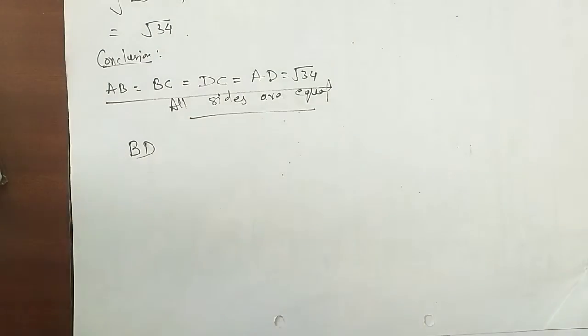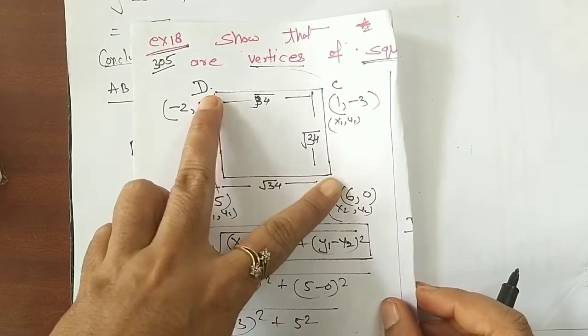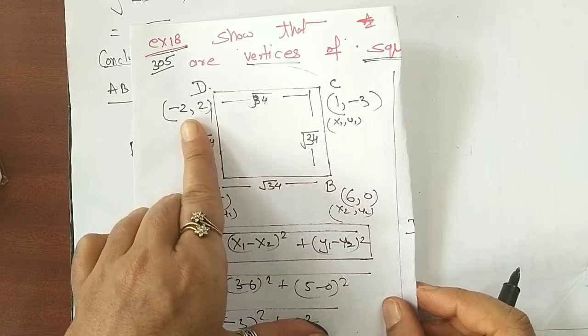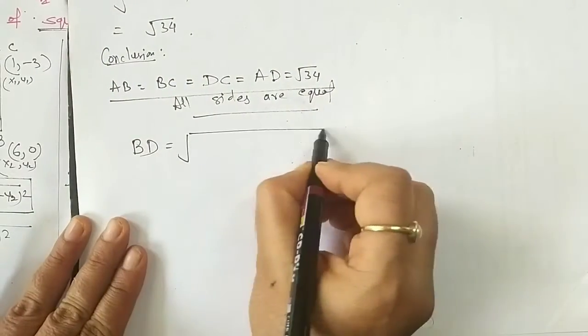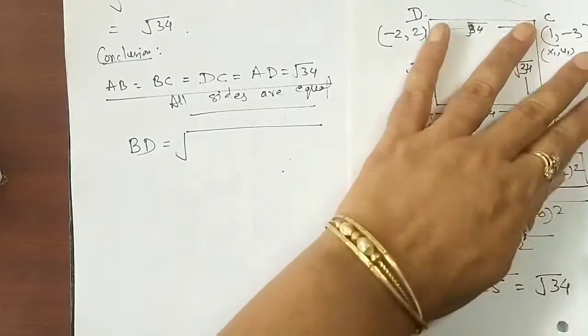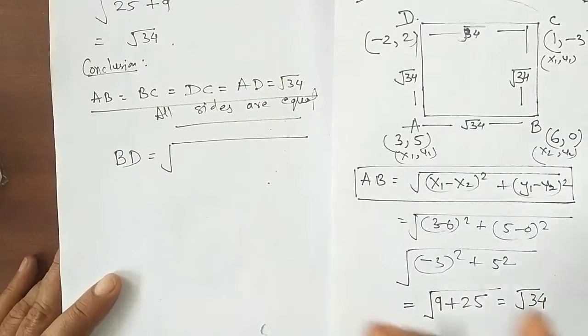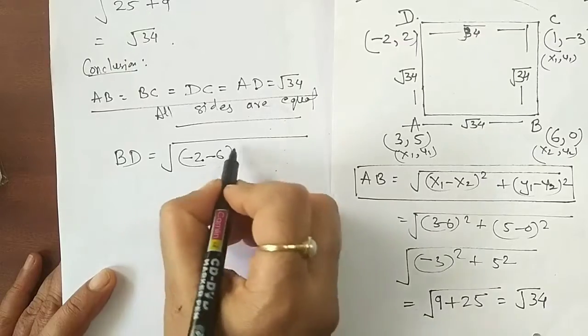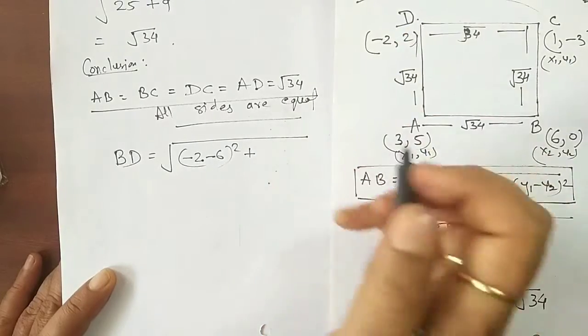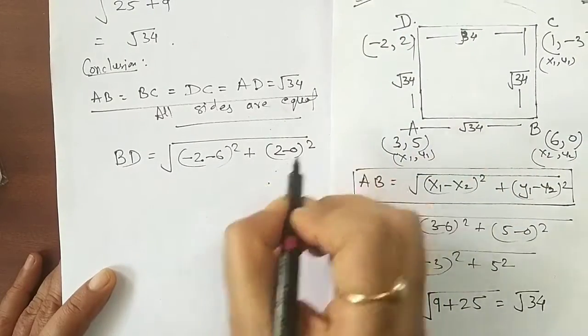This diagonal, guys, BD. So I am thinking this is my first diagonal. So I will use x1 y1 x2 y2. Okay, let me put the values and you try on your own, guys.